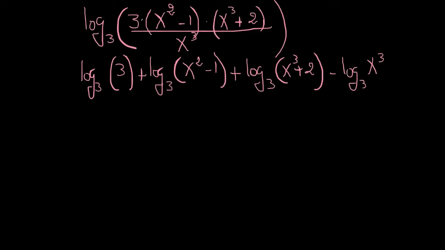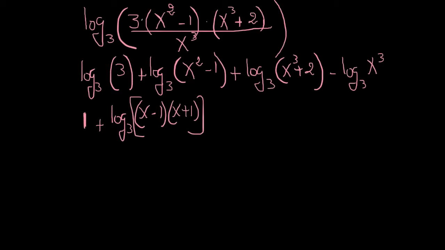I do know that log base a of a is always 1, so my first expression will simplify to 1 plus. This one, I know that that's a difference of squares. Inside the second log here, it's x squared minus 1, which I can rewrite as log base 3 of x minus 1 times x plus 1.